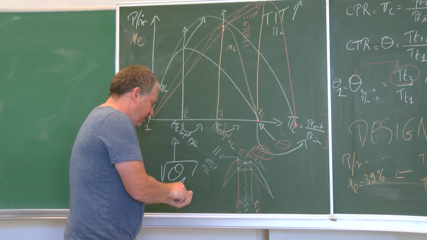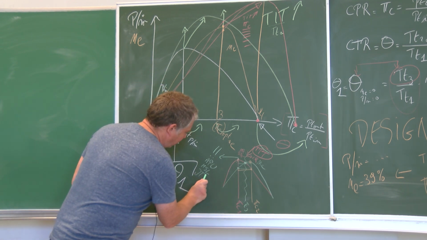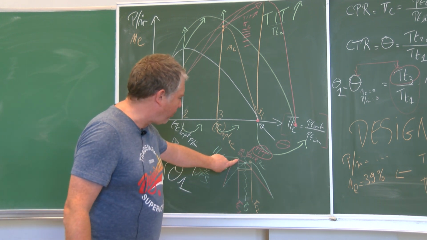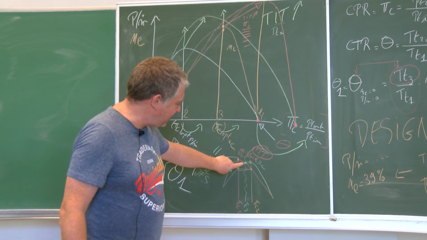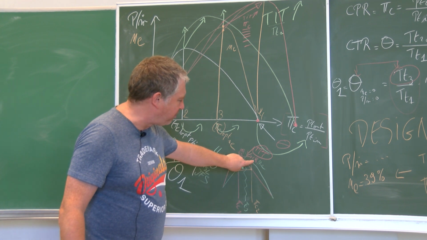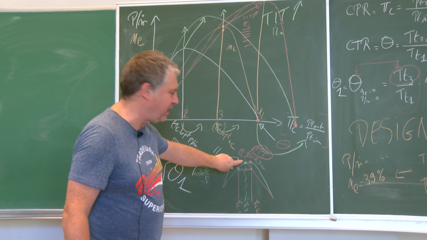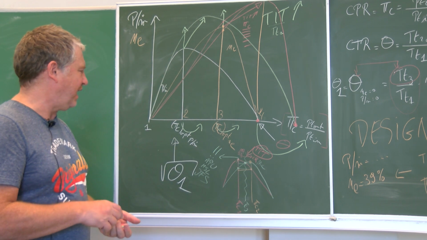These are engines that are optimized for this point, whereas most engines are optimized in between, a bit more in this direction for long range aircraft and more in this direction for short range aircraft.